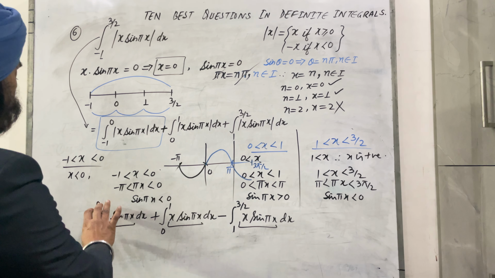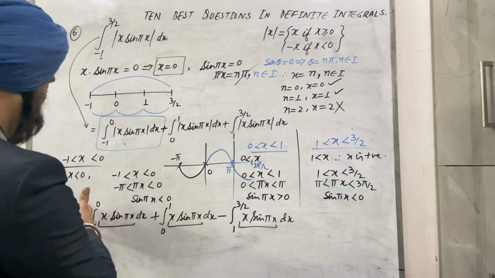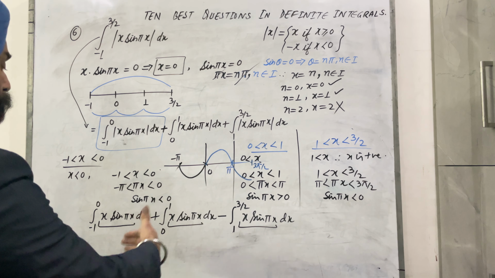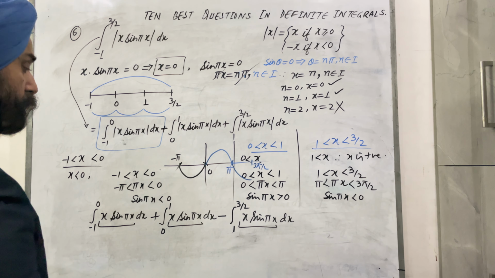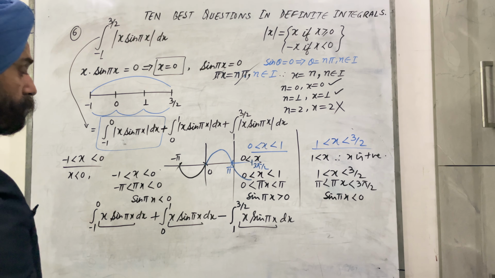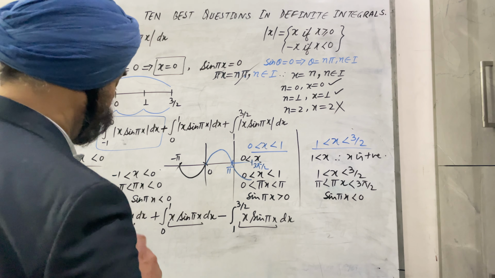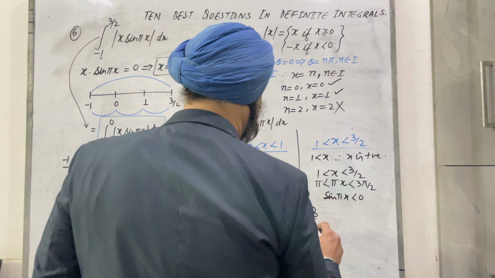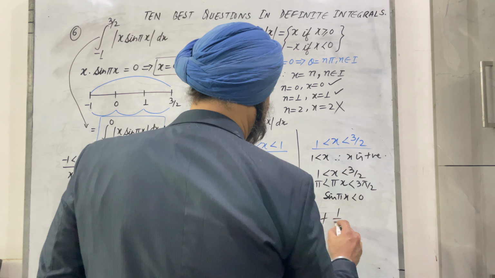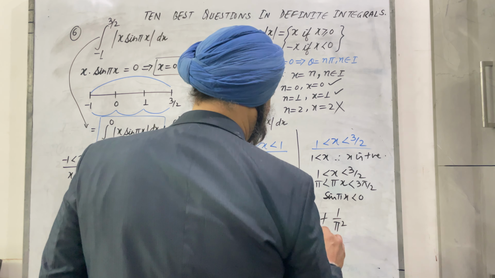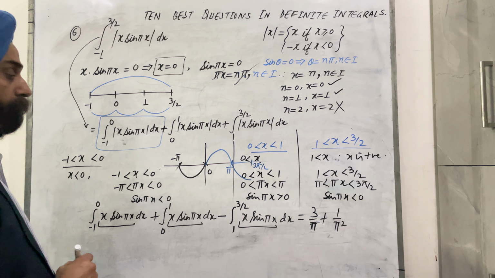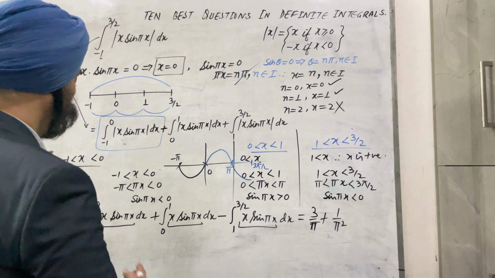So you can evaluate the integral of x sine pi x, and then you can apply the limits of integration, and your final answer will be 3 by pi plus 1 upon pi square. Your final answer is going to be 3 by pi plus 1 by pi square after you integrate.